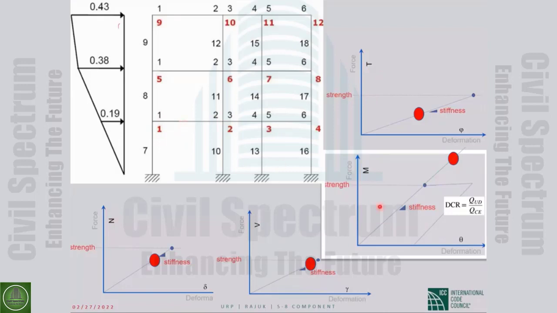And just this one is the deformation control. In reality, if it passes the strength, we don't say that it's collapsed. We say how much it passed. Is it this much of damage? Is it acceptable for that performance level or not?